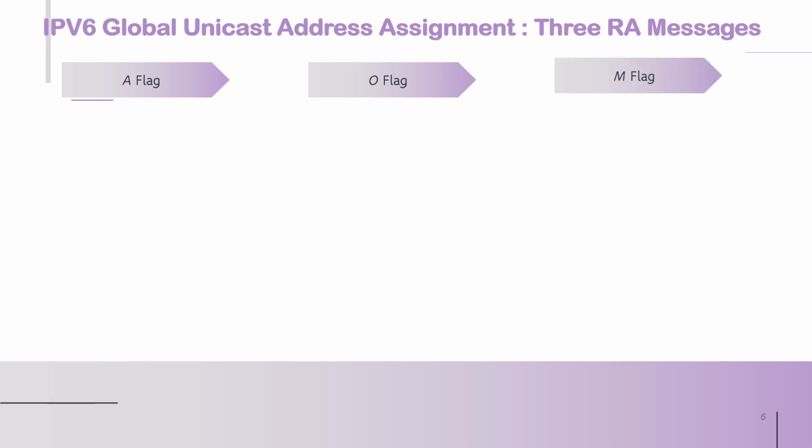And the M flag, which is the managed address configuration flag, is used to indicate a stateful DHCP version 6 server to obtain an IPv6 global unicast address. Using different configurations of those flags, the router advertisement message informs the host about the dynamic options available.